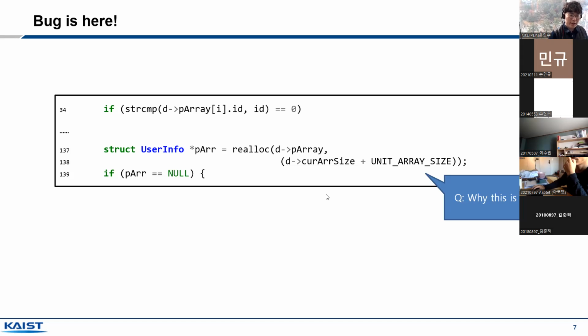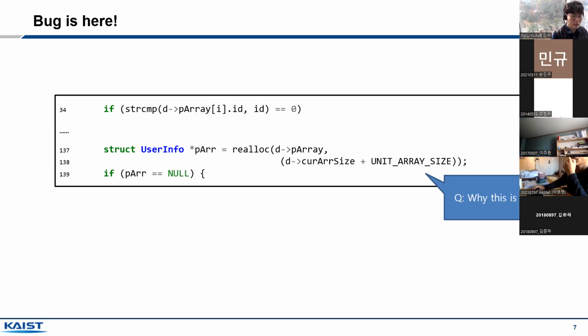This P array, as you can see from here, is an array of the structure user info. The argument of realloc is the size of the memory that you allocate in bytes. So when you allocate memory for the struct user info pointer, you have to multiply by the size of the element.